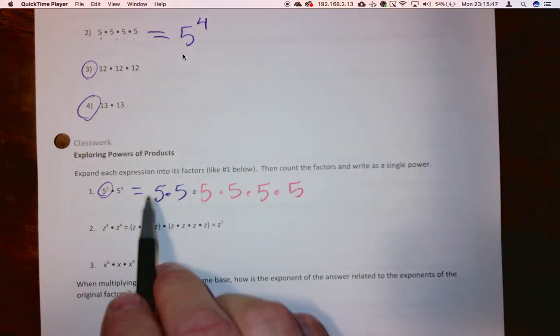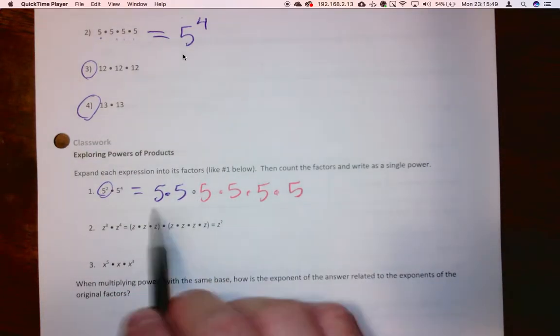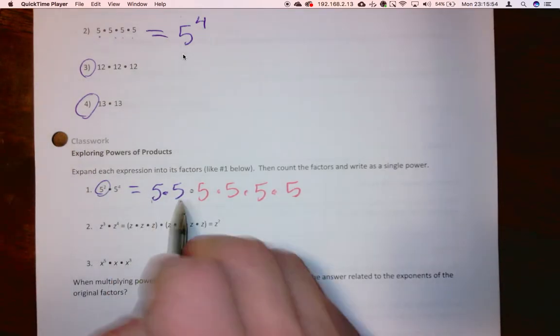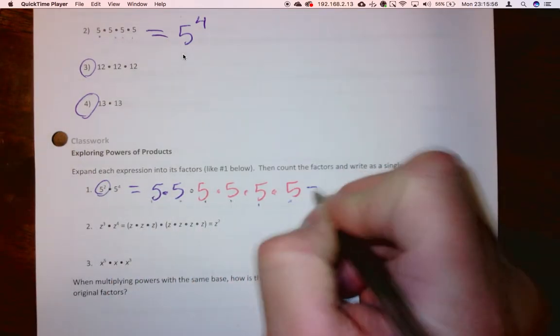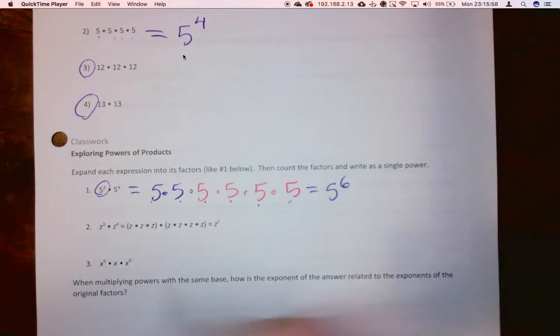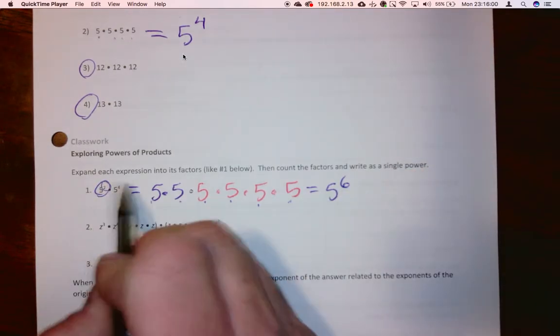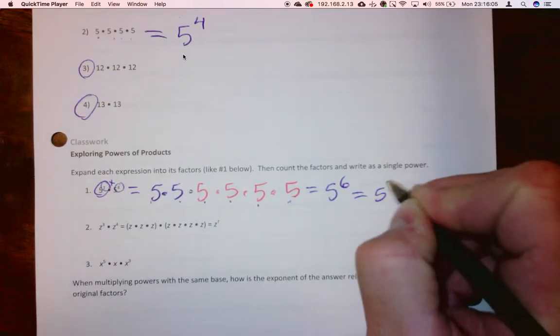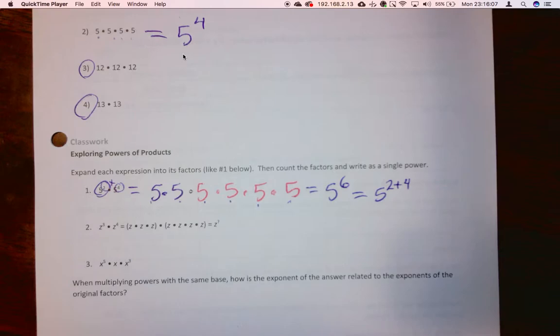So regardless of how many of these there are and how many of these there are, they're all the same number. So we can combine them by just counting 1, 2, 3, 4, 5, 6. But the trick that you should have recognized is that 2 and 4, if you add those two, they also give you 6.